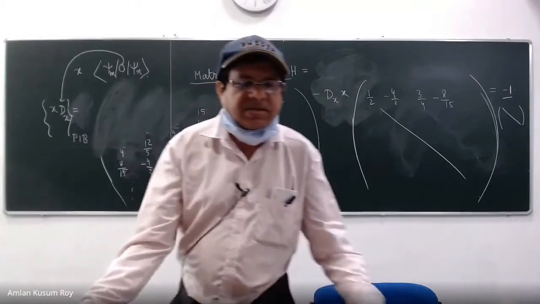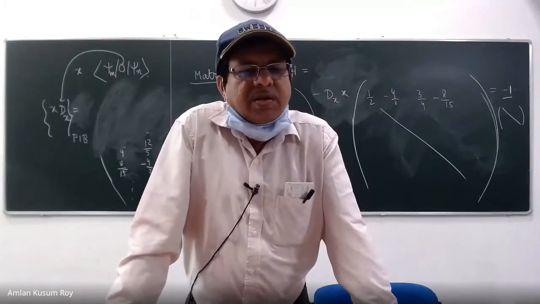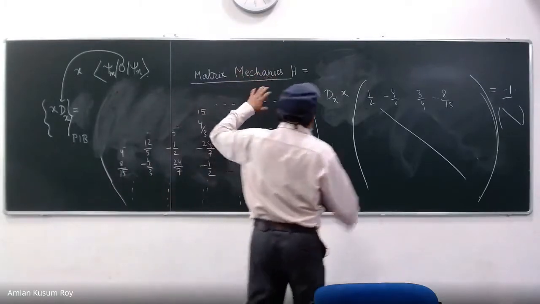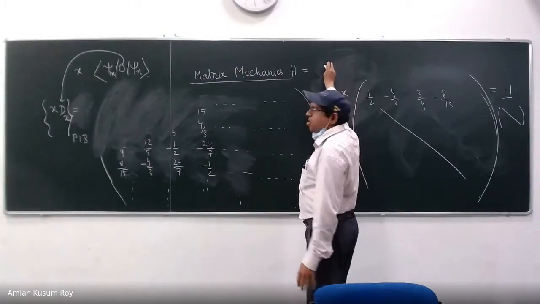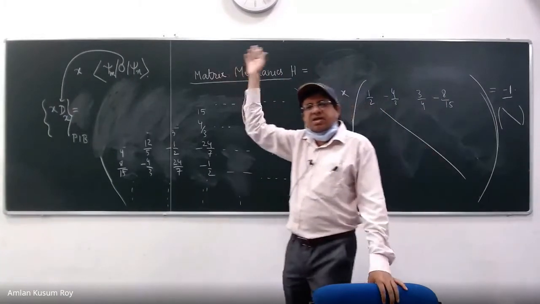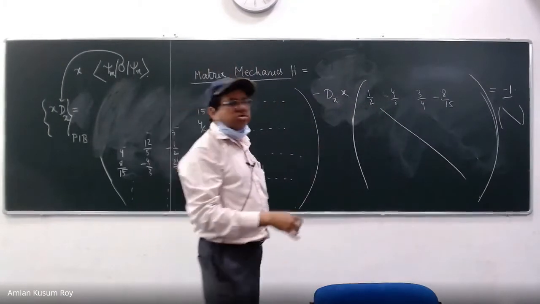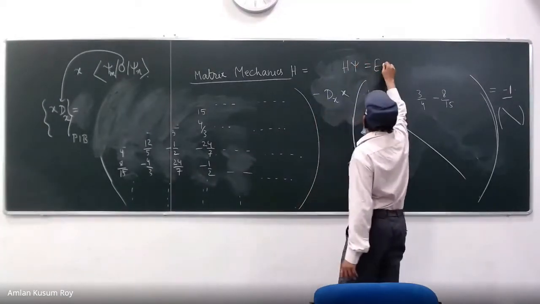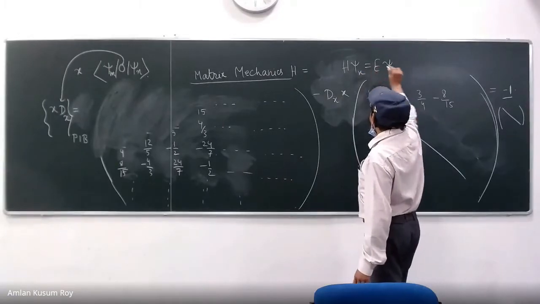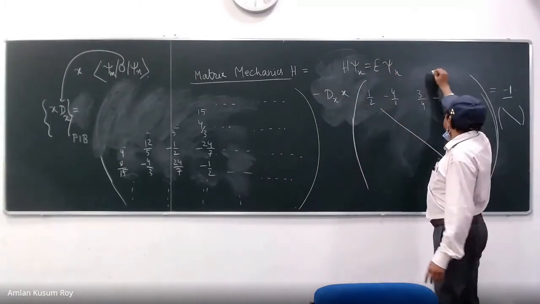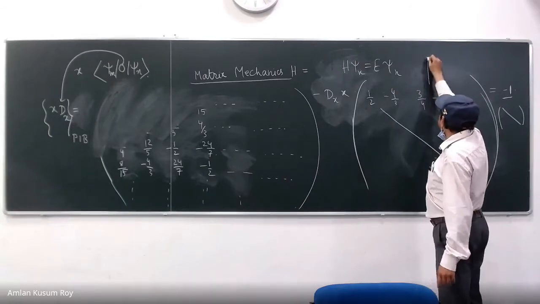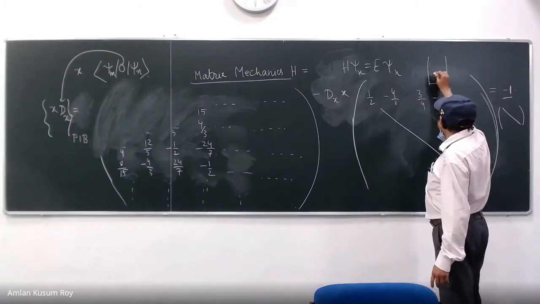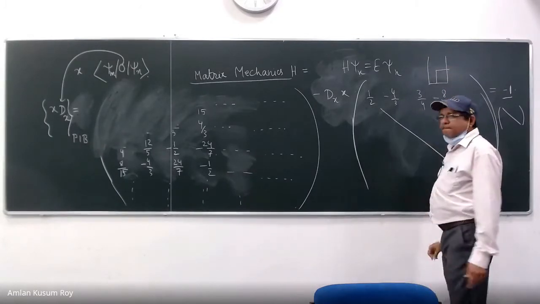If you change the basis, is it going to change? Suppose I take another basis, not particle in a box, say particle in a finite box, a sin x basis, or some eigenvalue solution of some other system.